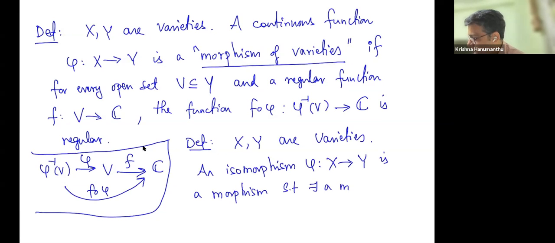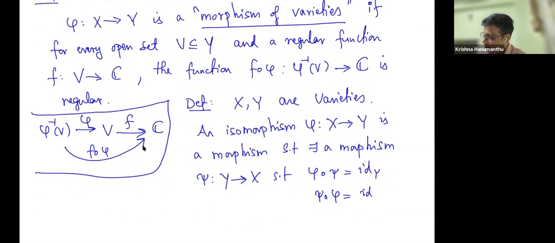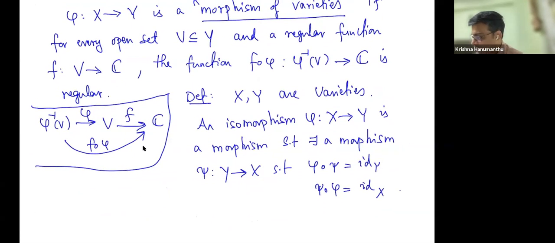There exists a morphism psi from Y to X such that phi circle psi is identity on Y and psi circle phi is identity on X. Okay, so this is the case in any category. So if you have two objects, they're called isomorphic if there is a morphism in either direction, making two compositions identities.